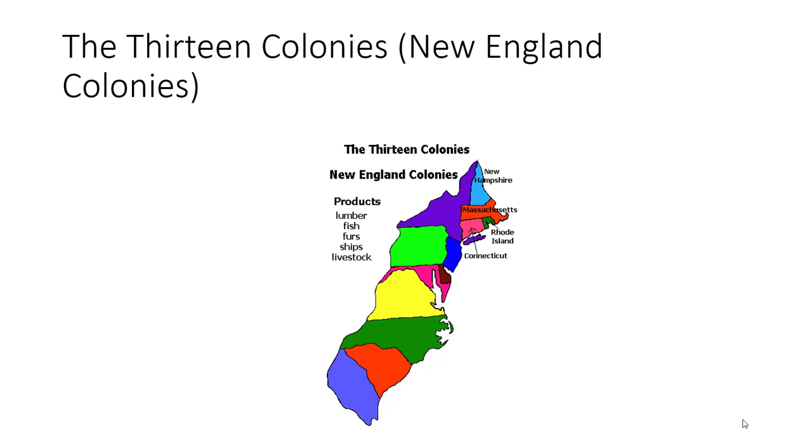But the second thing I want you to get from this simple little map is to understand that historians studying colonial America, and that means 17th and 18th century America, where we are now, divide the 13 colonies regionally into three regional blocks.